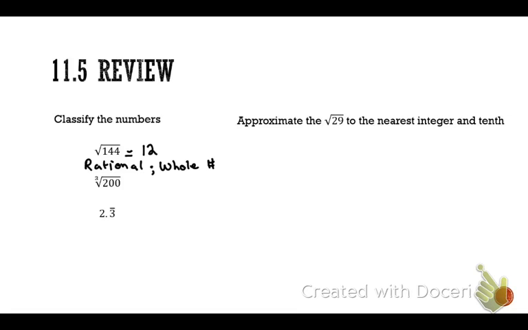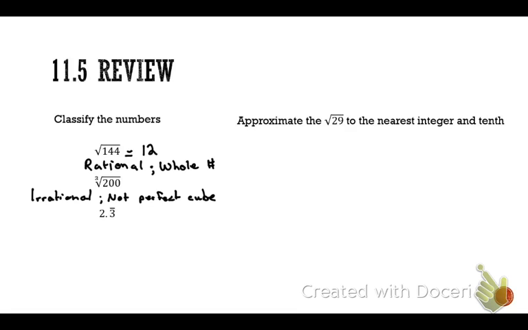Now the cubed root of 200. You have to decide, is 200 a perfect cube? No. Because your answer is no, it is irrational, and my reason is it's not a perfect cube. What about my next number?